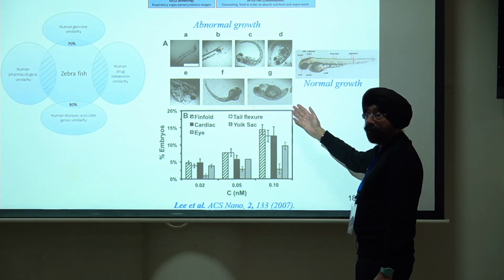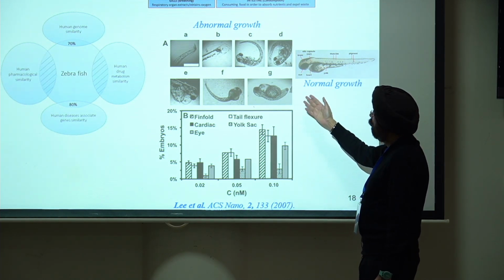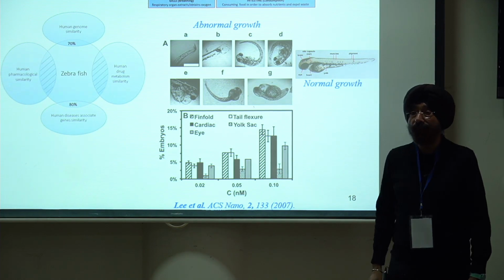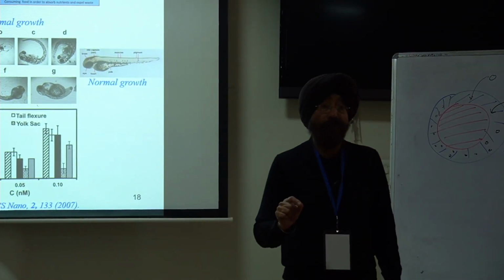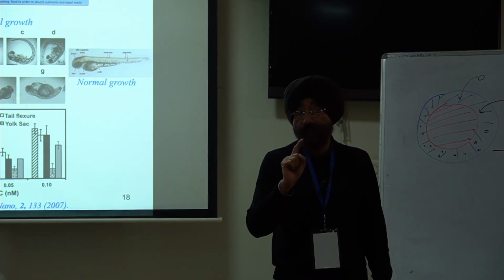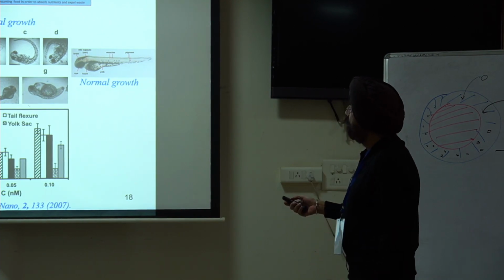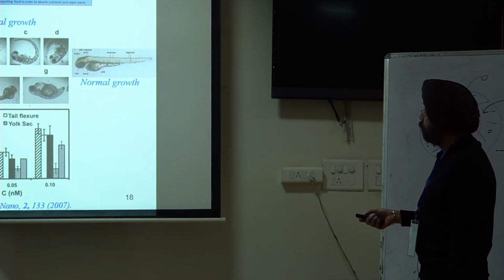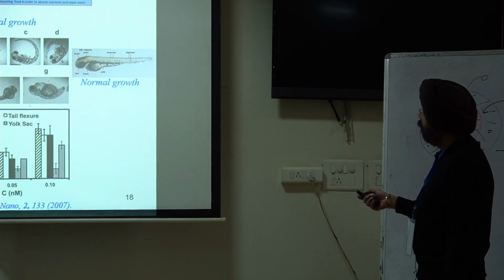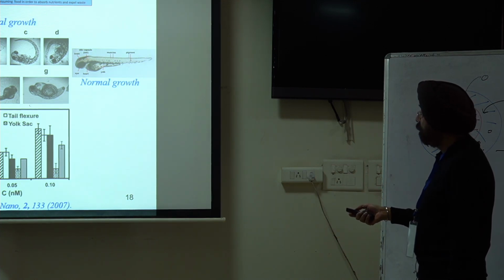This is even beyond that, right? When the fresh water or the marine water is contaminated, even the growth of the fish is going to be affected. So there is abnormal growth, and the fin fold is straight over here, but it's curved here.